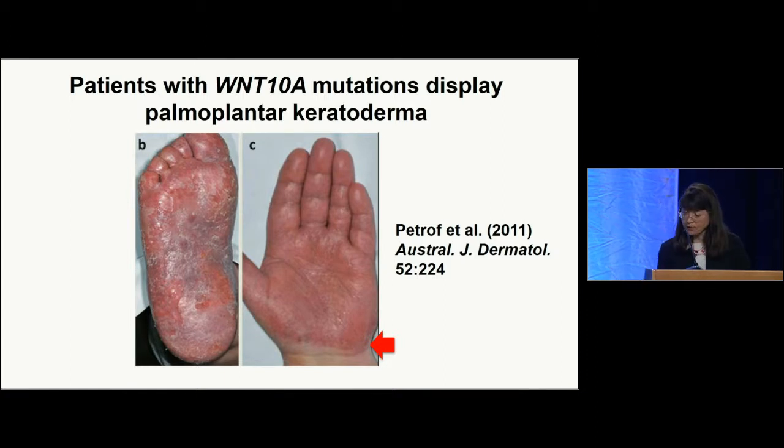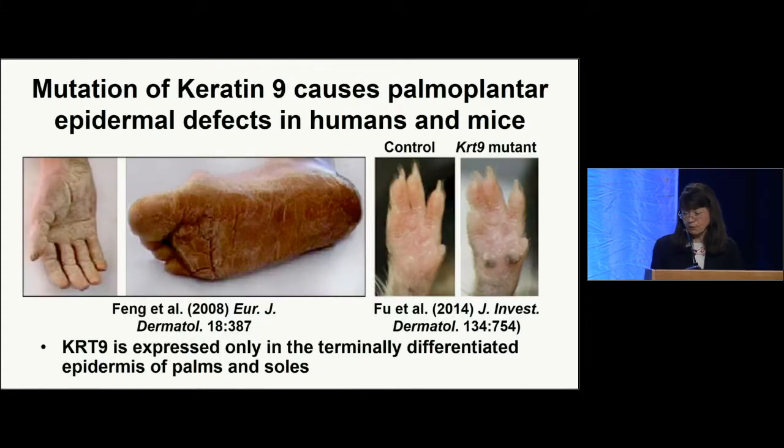So in trying to think of what are the factors that are really different between palmoplantar and other skin, we were drawn to keratin 9, which is specifically expressed in the palms and soles, and when mutated, gives rise to severe epidermal defects.